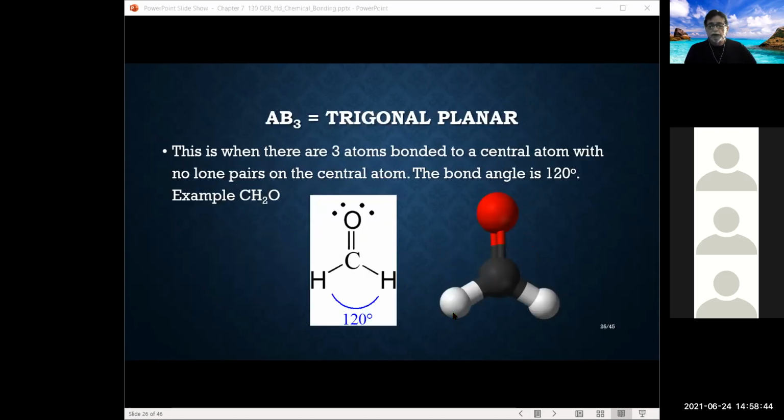All right, another shape called trigonal planar. Here's an example, where you got a carbon double bonded to oxygen, and then you have a single bonded hydrogen. This example is formaldehyde. This is the formula for formaldehyde, FYI. A cancer-causing chemical, it used to be used to preserve.